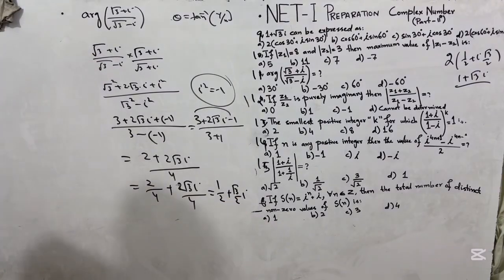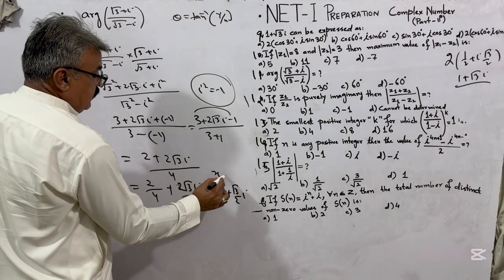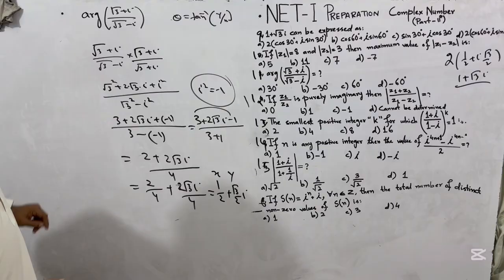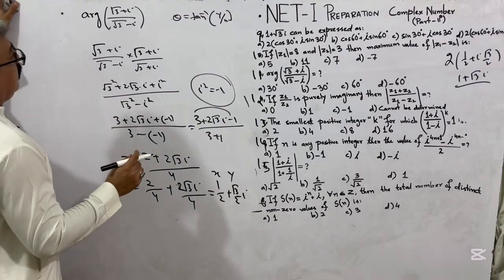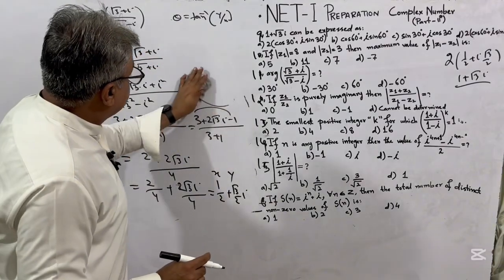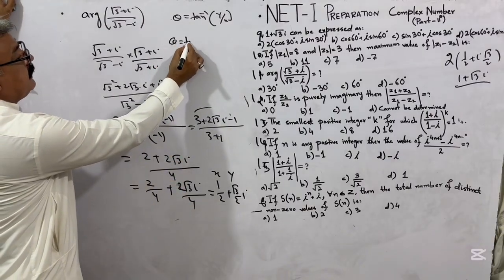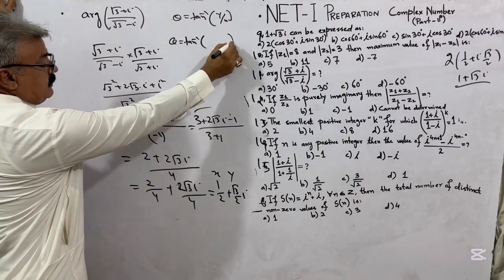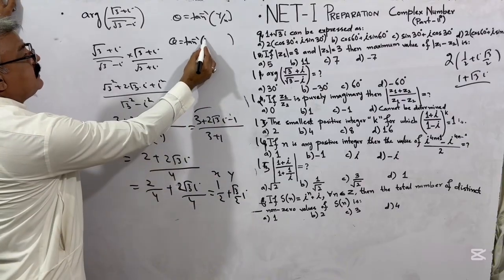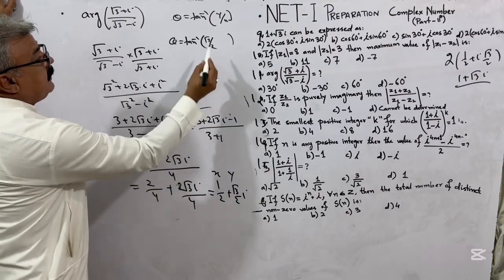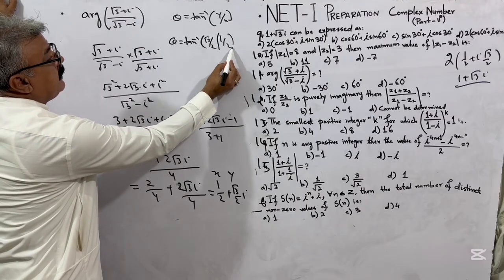Now we have a single complex number, with its value of x and its value of y. Now we are in a position to find the angle, the argument. Theta is tan inverse of y, the coefficient of the imaginary part, that is under root 3 over 2, divided by 1 over 2.